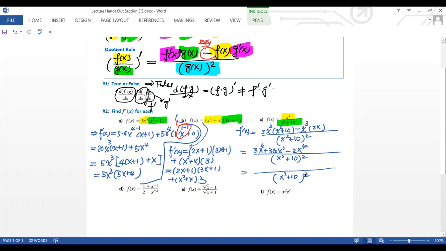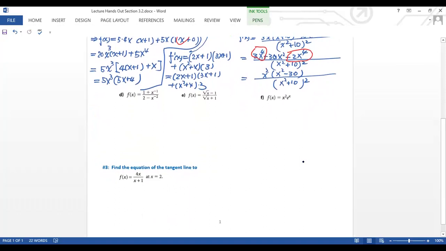So just be careful, don't make an algebra mistake. So this is 3x to the fourth, this is minus 2x to the fourth. So I will have x to the fourth and then x squared, so I can take the x squared out. So this is x squared times (x squared plus 30). Okay, so you can simplify, combine.